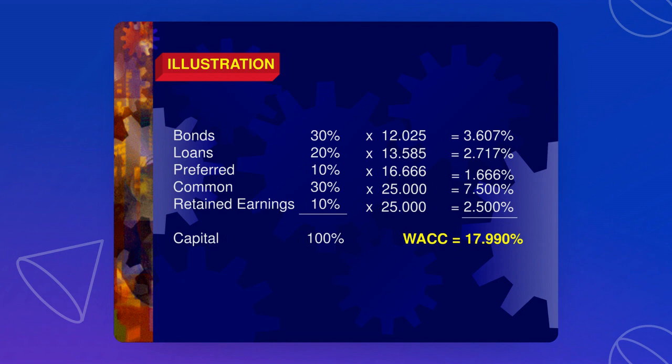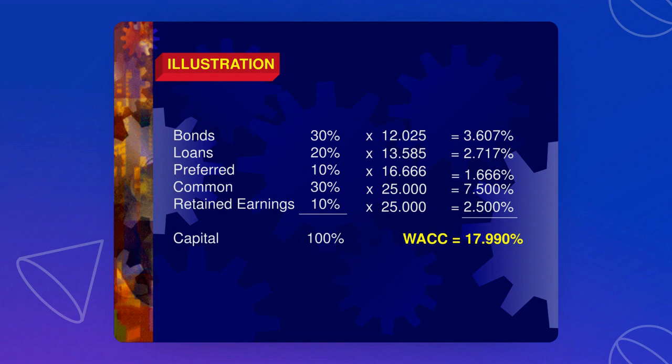Please take note of the bonds. You have 30%, loans of 20, preference of 10, common of 30, RE of 10. Just multiply it by our cost of capital.